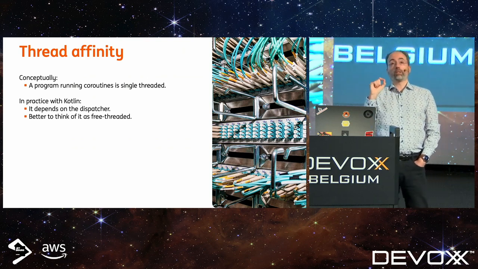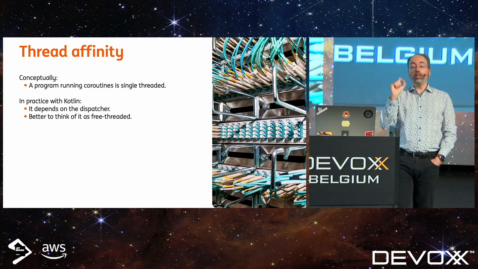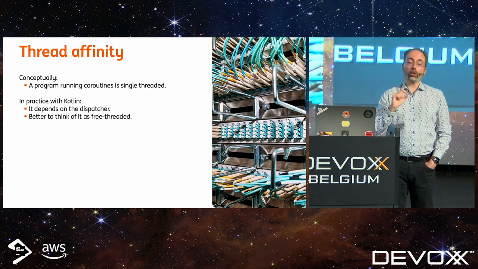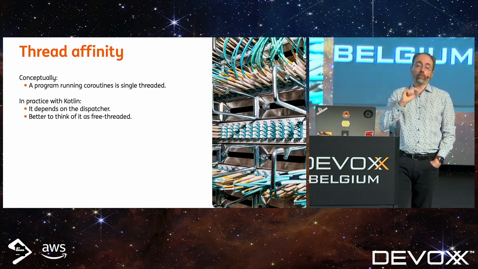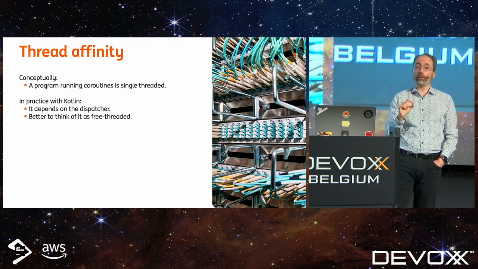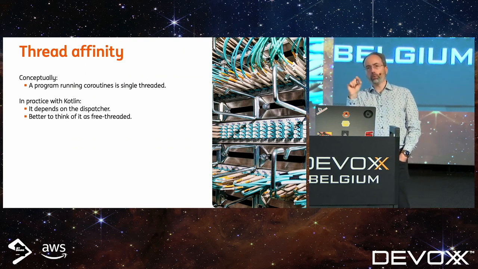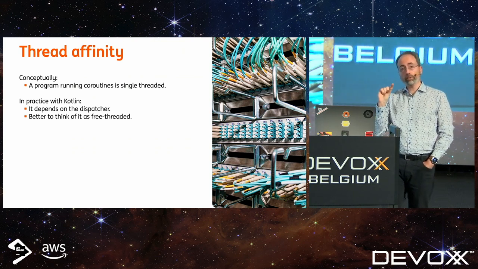But it does decide where to run it. The default dispatcher for coroutines on a Kotlin program is going to use one thread, and that, if we don't change it, is the main thread. There are other dispatchers, we are going to play around a little bit with them, that have different behaviors.